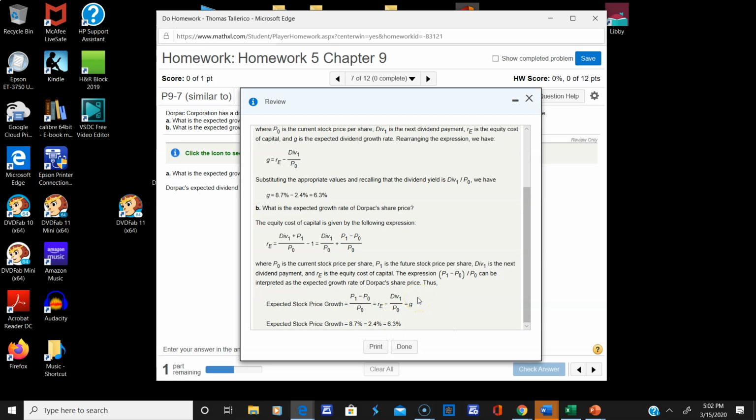So, what you'll notice is that the dividend yield, the growth rate on the dividend and the stock price growth rate is exactly the same, which is what it should be. And I think they tell you that in the chapter if you read it carefully. So as you can see, for part A, it's 6.3%, and for part B, it's 6.3%, because they must be equal. The stock price and the dividend growth rate will be the same.